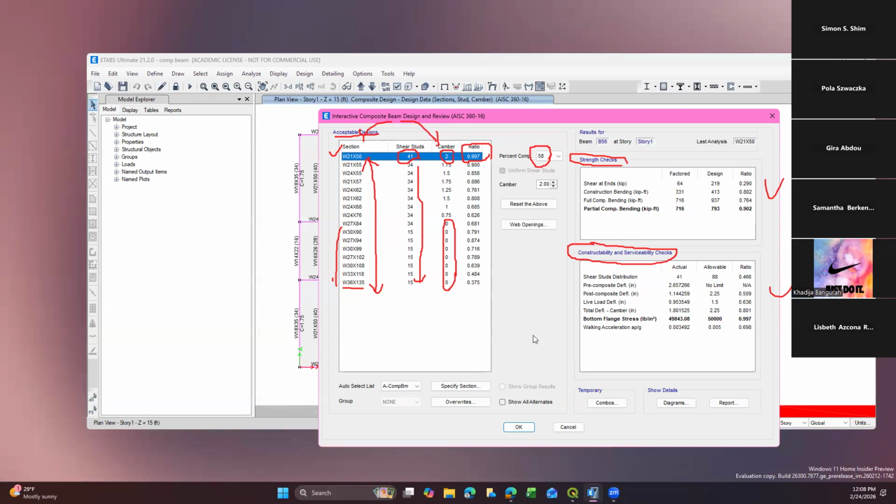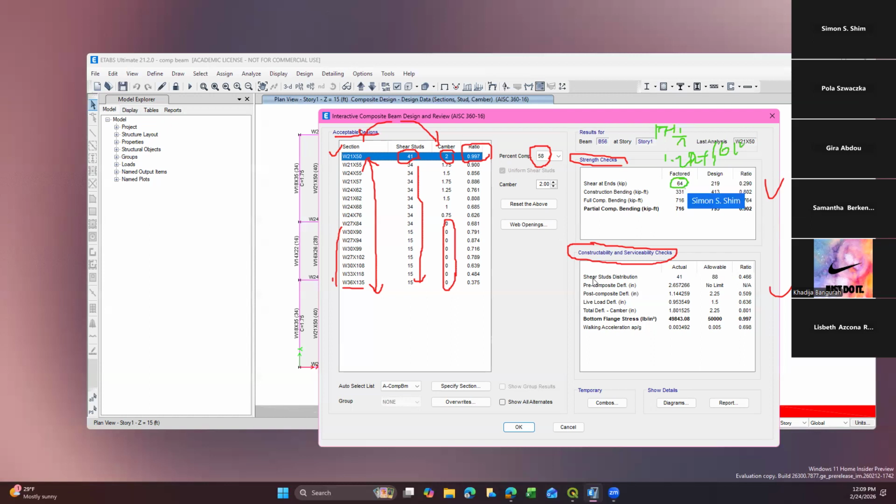As I said, the steel strength check is conducted in two phases during construction: phase one is when concrete is wet, and phase two is after the concrete has cured. First, they calculate the maximum factored shear, 64 kips, most likely from the 1.2D plus 1.6L load combination governing.